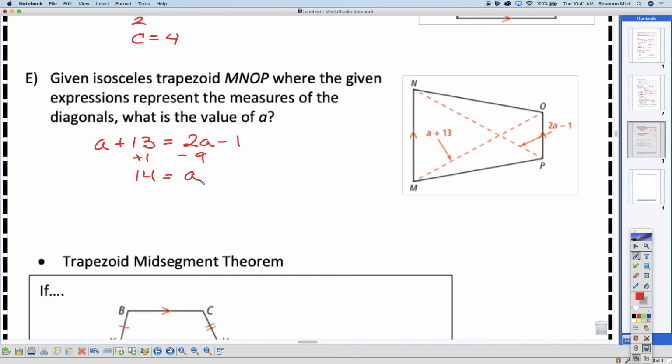So 14. Yes. Now it just asked me what A was, right?